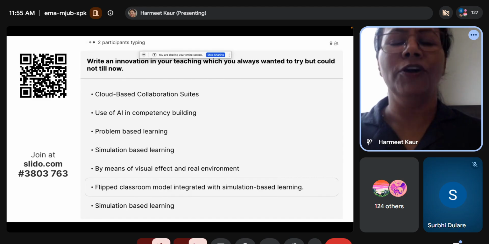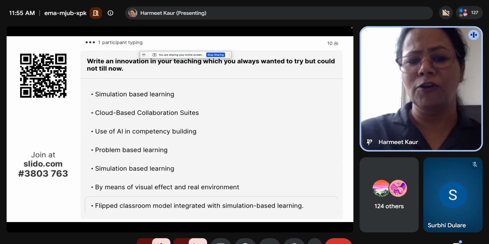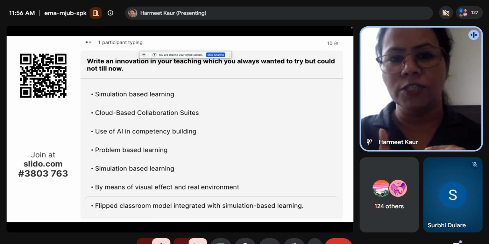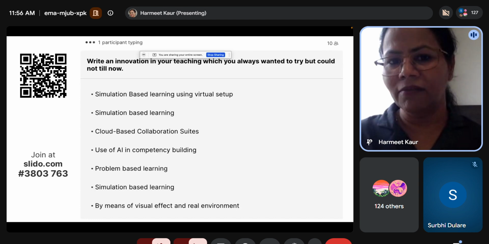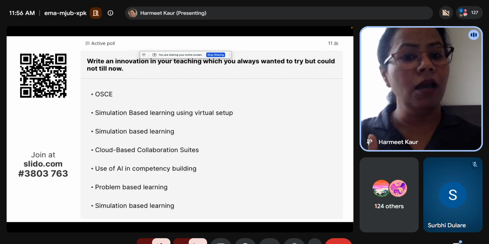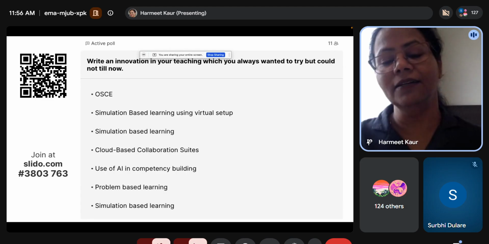For that we have to have a little bit of open mind. We will be talking about all these aspects, the innovations which you have noted down here. You talk about simulation, you talk about collaborative activities, you talk about problem based learning, gaming, very good, OSCE, that is an innovative assessment method.